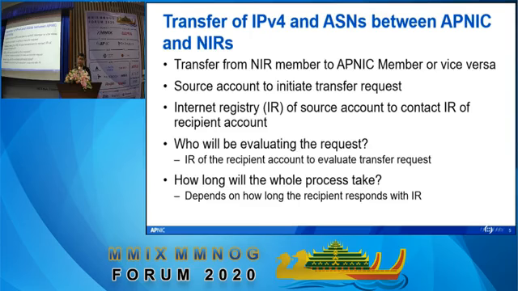For example, if a member of CNNIC wants to transfer the resources to a member of APNIC, then the source account will contact CNNIC, and CNNIC will then contact APNIC. We will then contact our member to carry out the evaluation process.